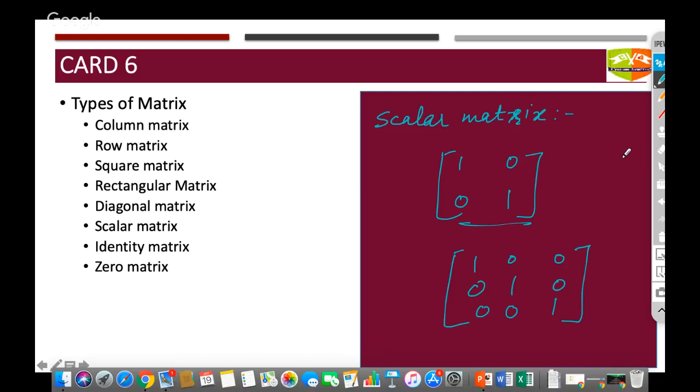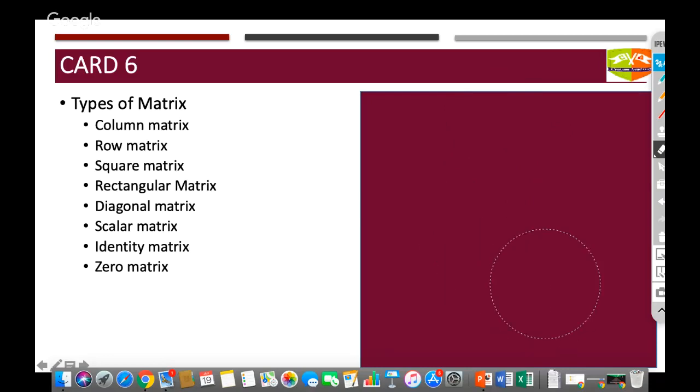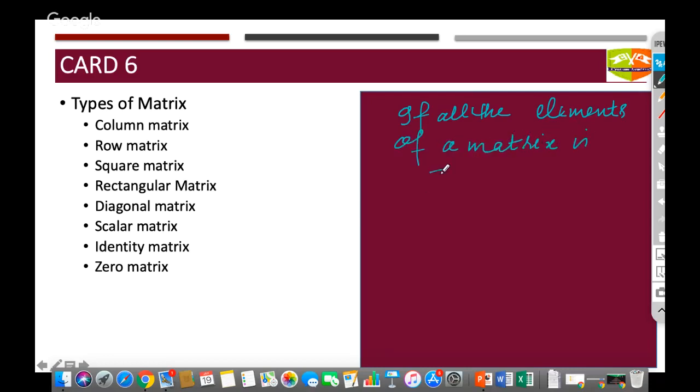Now let me go to the zero matrix. Zero matrix means all the elements are zero. So if all the elements of a matrix are zero, then that matrix would be known as a zero matrix.